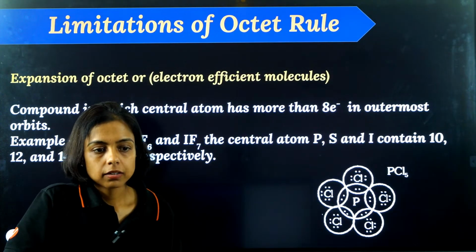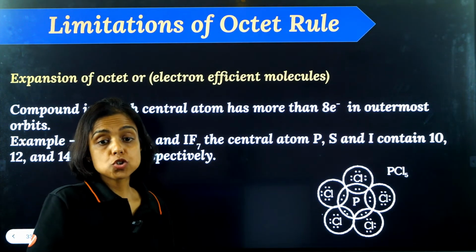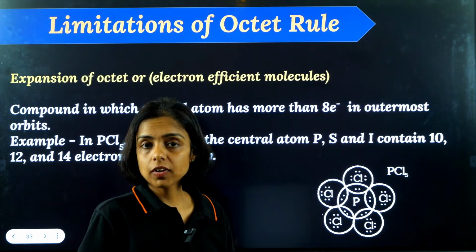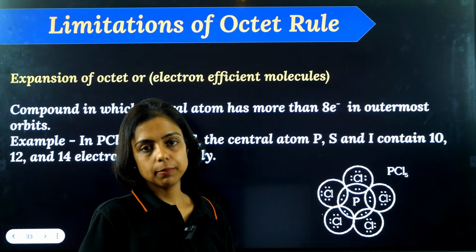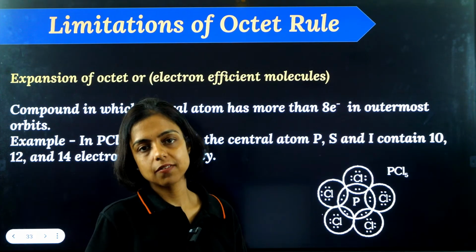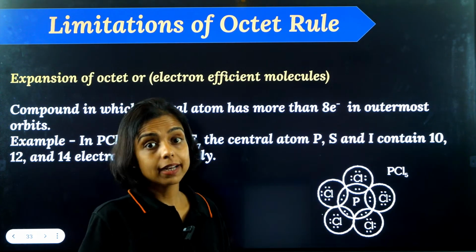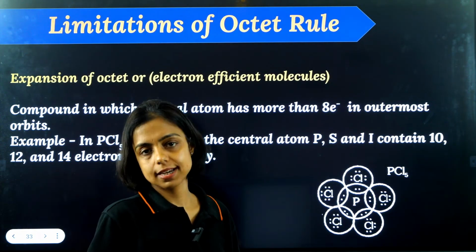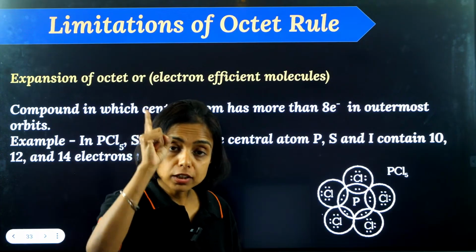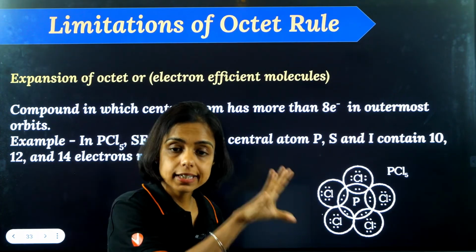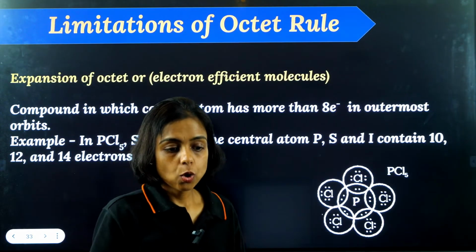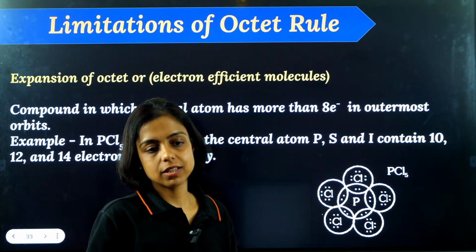Many times questions are asked: which of the following molecules exists or not? Just look for any second period element having more than 8 electrons in a molecule after making bonds; that molecule cannot exist, guys. Remember this, only those atoms which have vacant d orbitals can expand their octet, meaning only they can have more than 8 valence electrons.